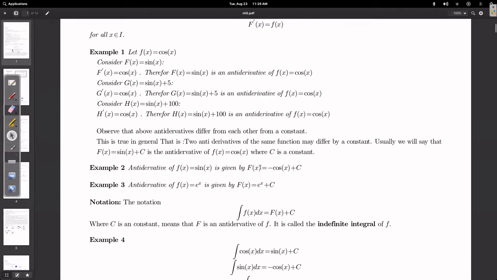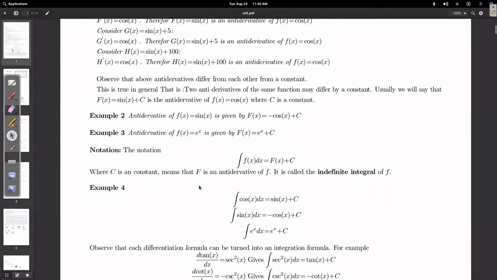Okay, and e^x, what is the antiderivative of e^x? Itself, because if I differentiate e^x, I get e^x. So the antiderivative of e^x is e^x plus c. So instead of generally saying antiderivative, I can use this mark. This stands for integration or antiderivative.